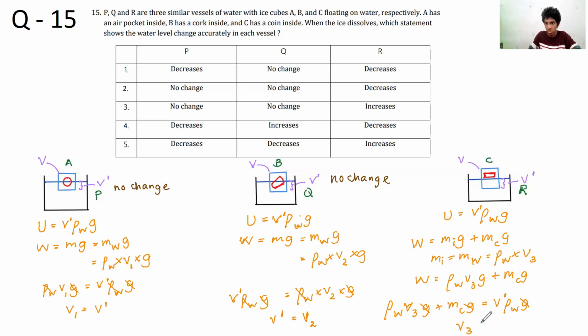Therefore, V3 is less than V1. That means when the ice cube is dissolved, the volume of the dissolved water is less than the volume V dash. That means when the ice cube is dissolved, the water level in the vessel R will decrease. Therefore, the water level doesn't change in the vessels P and Q, but the water level decreases in the vessel R. Therefore, the correct answer is the second.